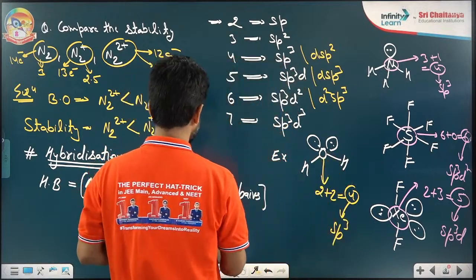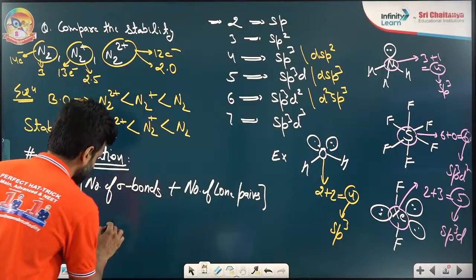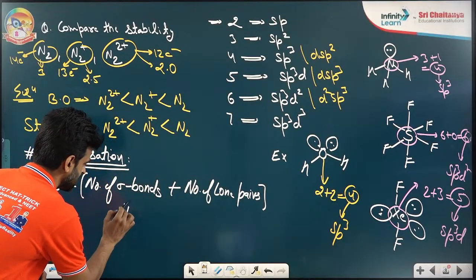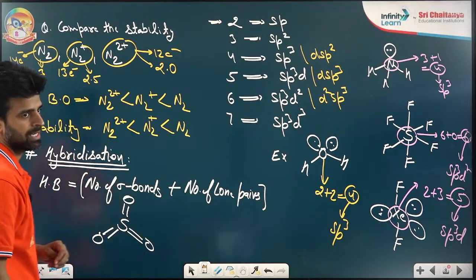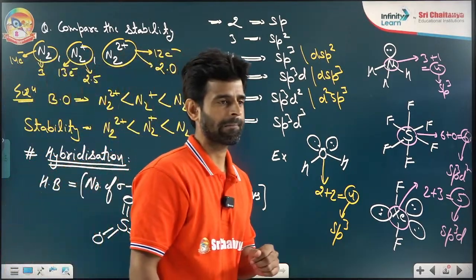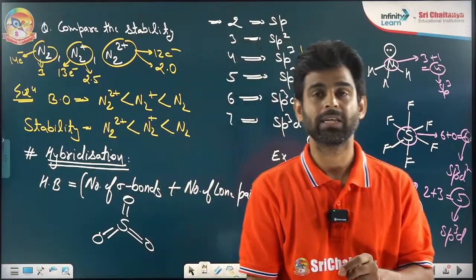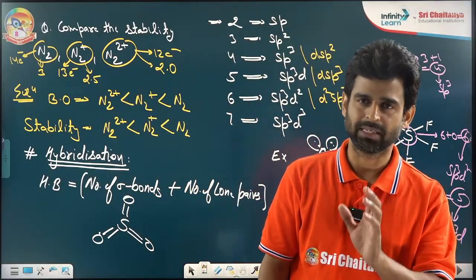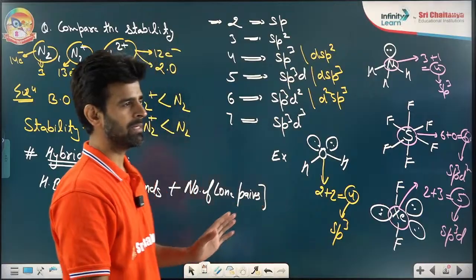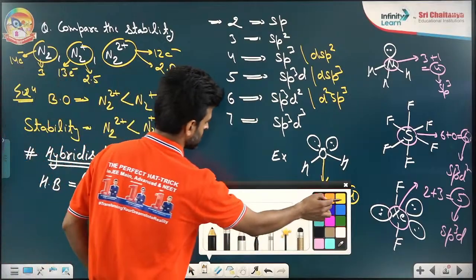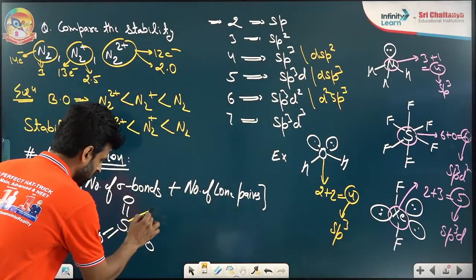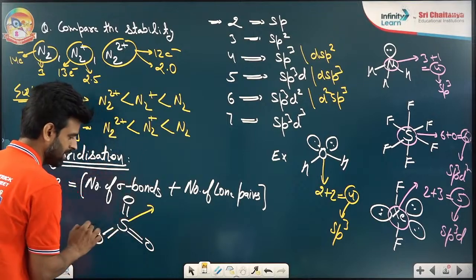Imagine I'm taking the example of SO3. Tell me, in SO3, if I have the structure, can I find the hybridization using this shortcut? Yes. In SO3, I am finding for sulfur.